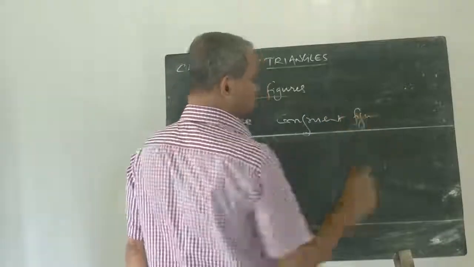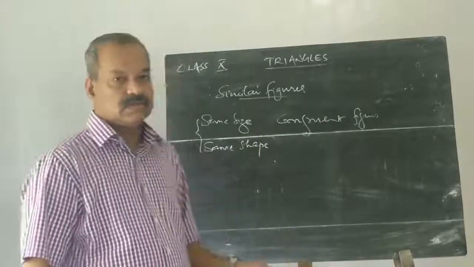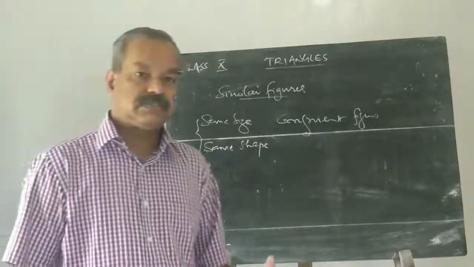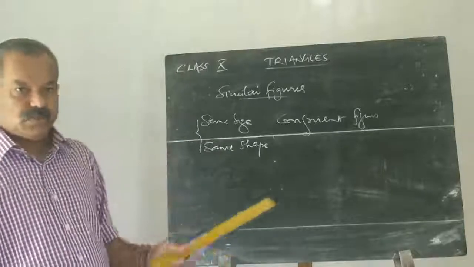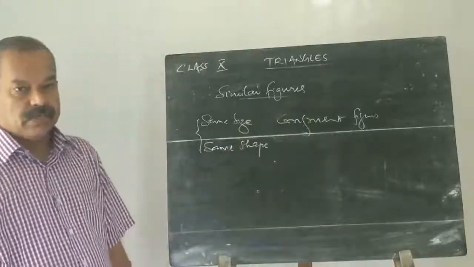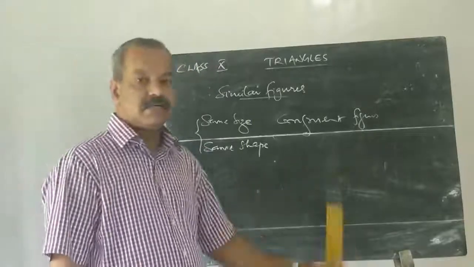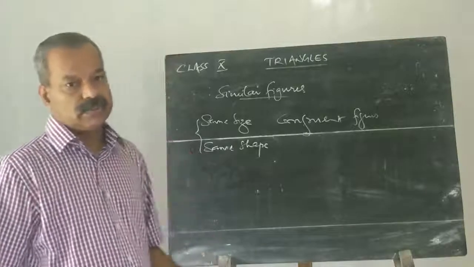For example, two squares of the same dimension, same length. Two squares of the same length are congruent squares. Two rectangles of the same dimension, length and breadth, are congruent figures.